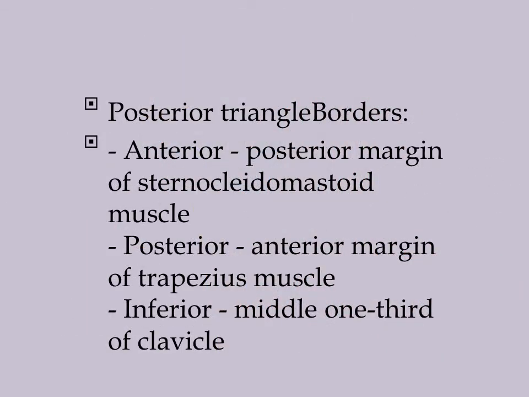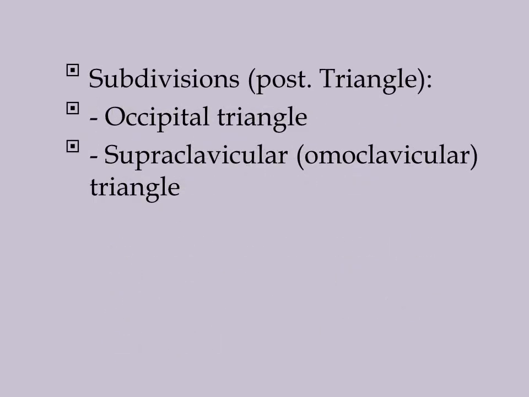Posterior triangle borders. The anterior is the posterior margin of the sternocleidomastoid muscle. The posterior margin is the anterior margin of the trapezius muscle. The inferior border is the middle one-third of the clavicle. What are the subdivisions?